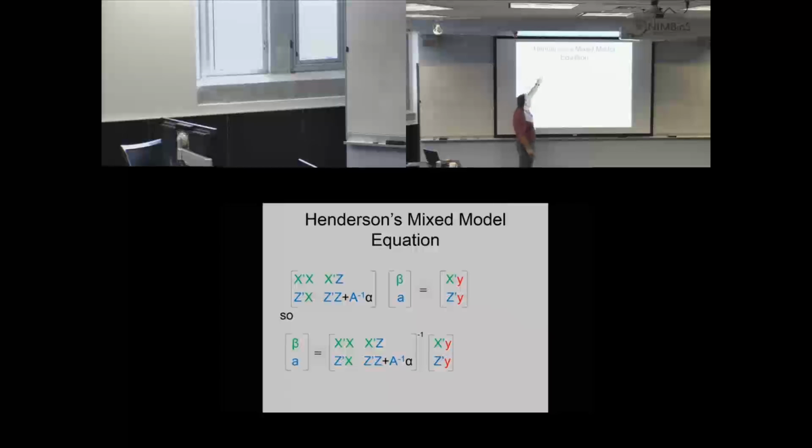Notice this is a matrix of matrices. So we invert that and multiply it over here by this matrix of matrices over here. And so now what we've done is we've isolated our two unknowns on the left side of the equation. So we know all of this, and we don't know these things.